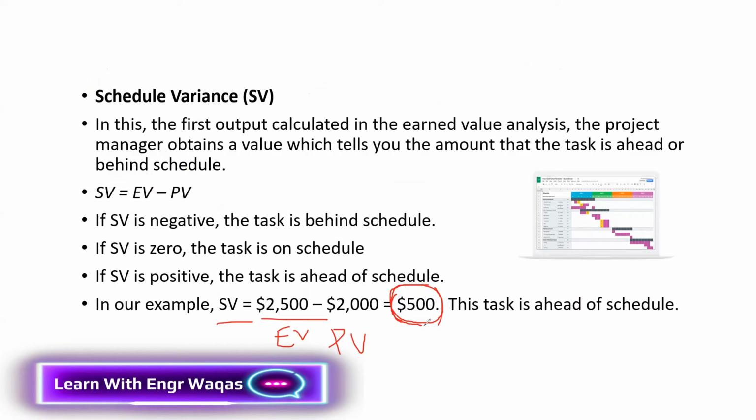With respect to time, the time required to complete this much money-oriented work, I have already done. If it would be negative, what was the trend? That I'm behind the schedule by this much money. Okay, the task is ahead of schedule. Now this is a positive sign, so it means the task is ahead of schedule.